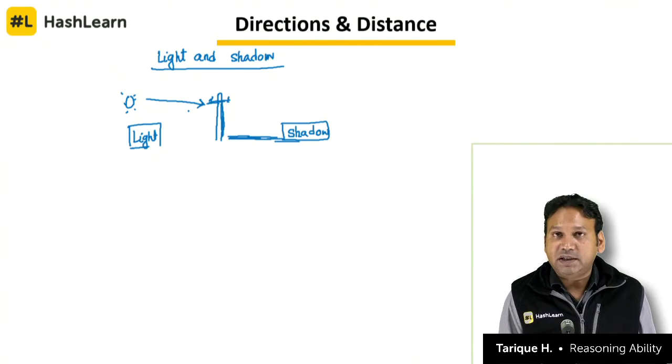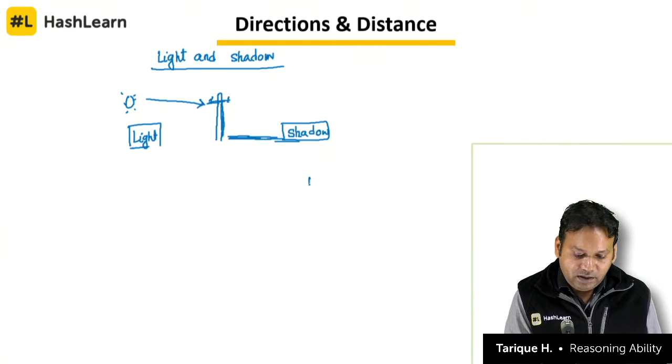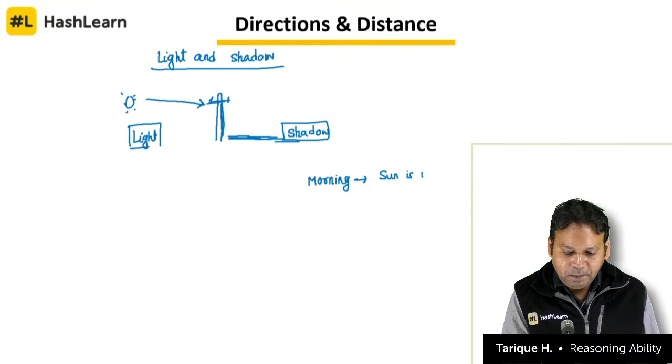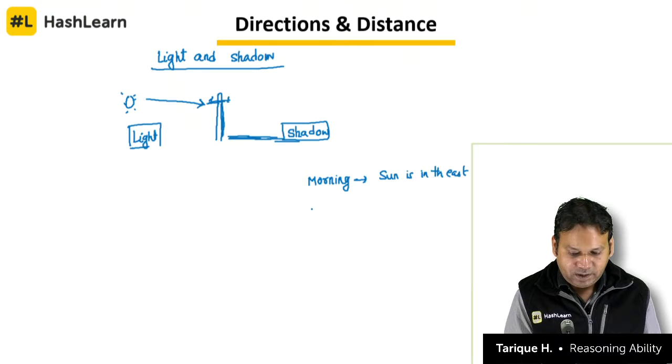That's one very basic concept, and we should know that in the morning sun is in the east. This is very basic. Sun is in the east, and in the evening sun is in the west.